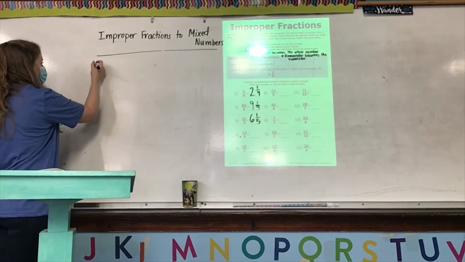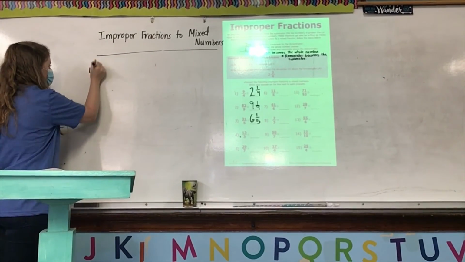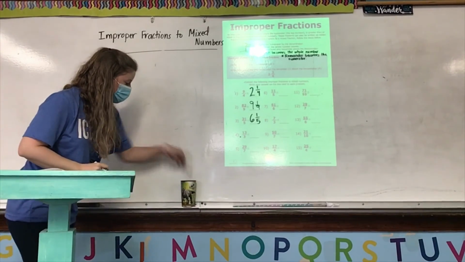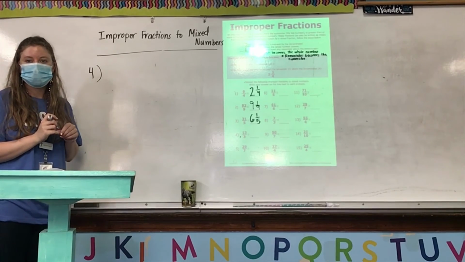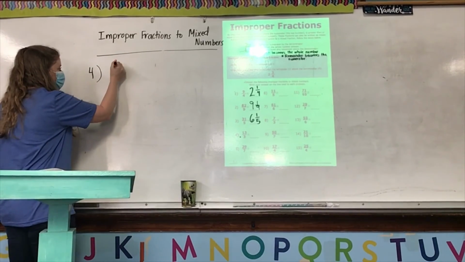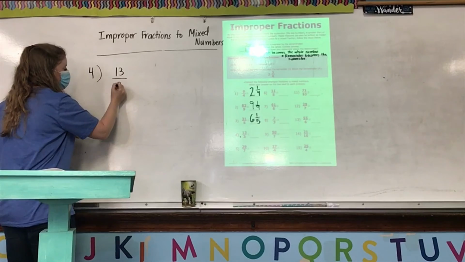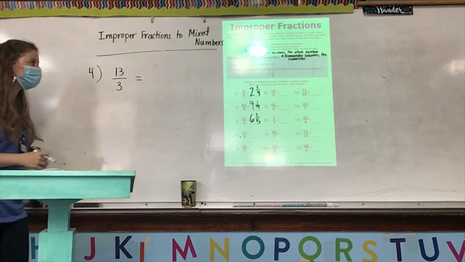Number 4. Lena, what is our improper fraction? 13 thirds. What do we do first?